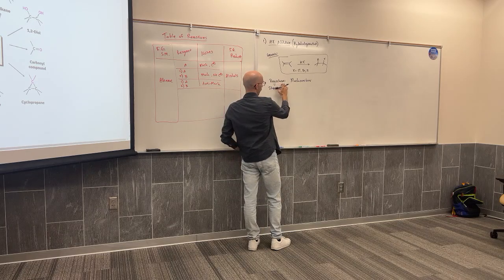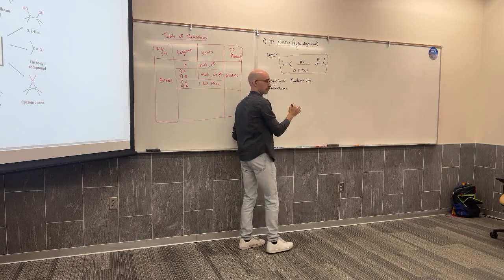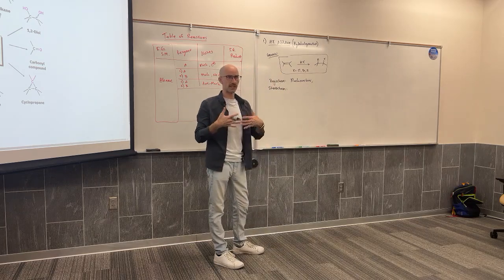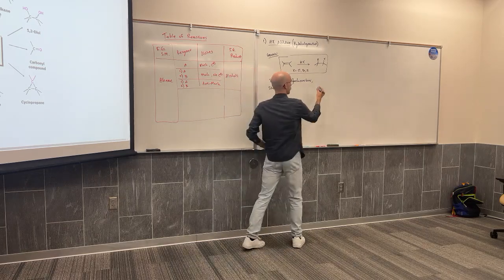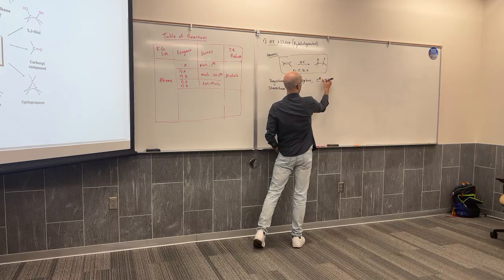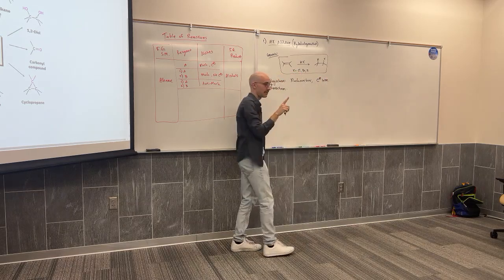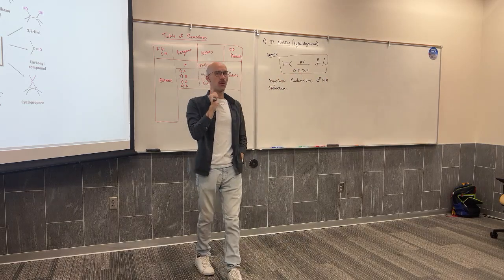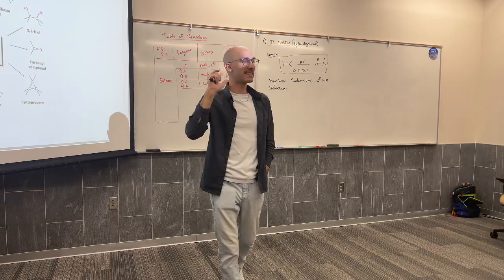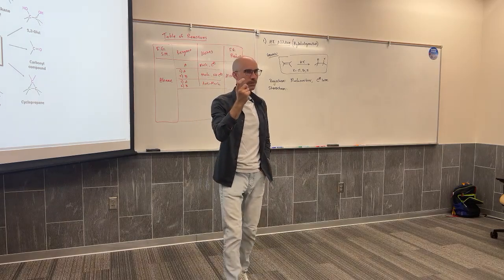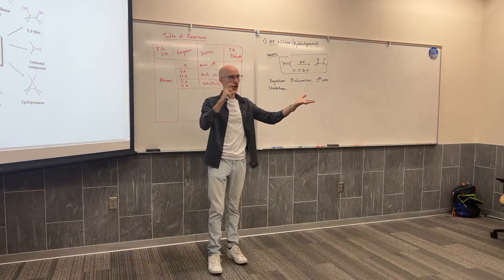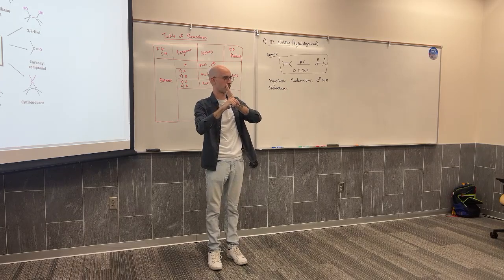Something else I want to know about regiochemistry, because remember, regio talks about the structure. This has a carbocation intermediate. That's important for regiochemistry. Why? Because if a secondary carbocation forms adjacent to a tertiary carbon, a hydride shift will occur.